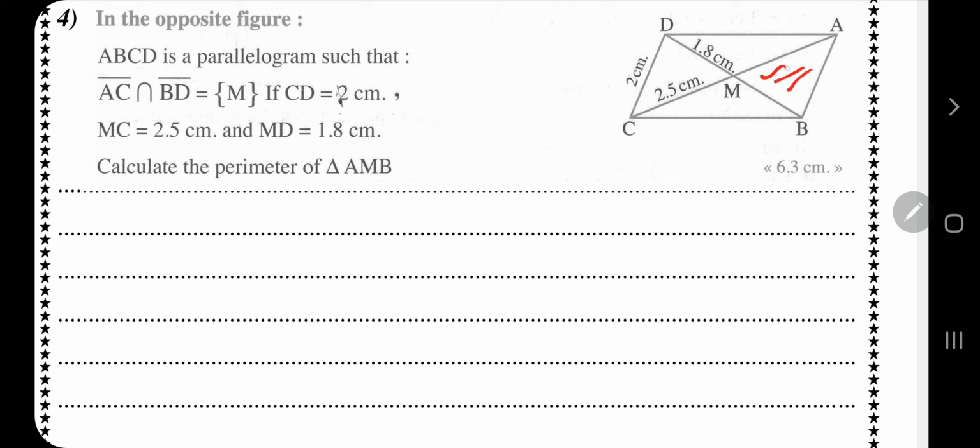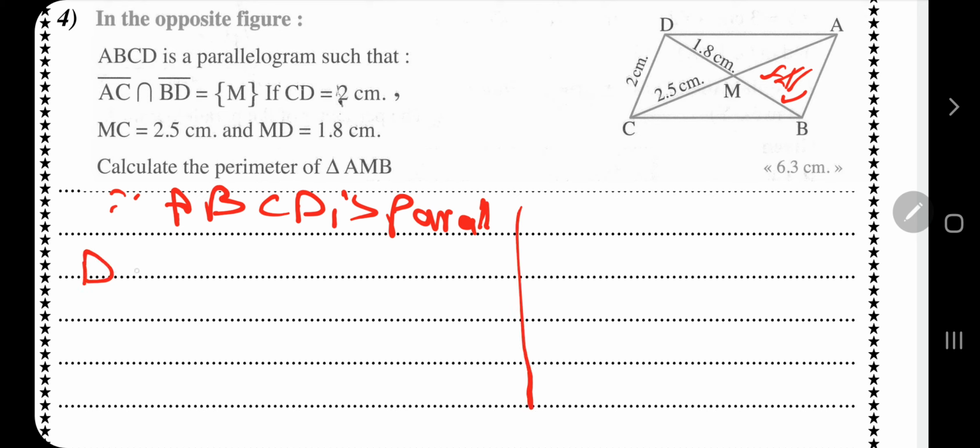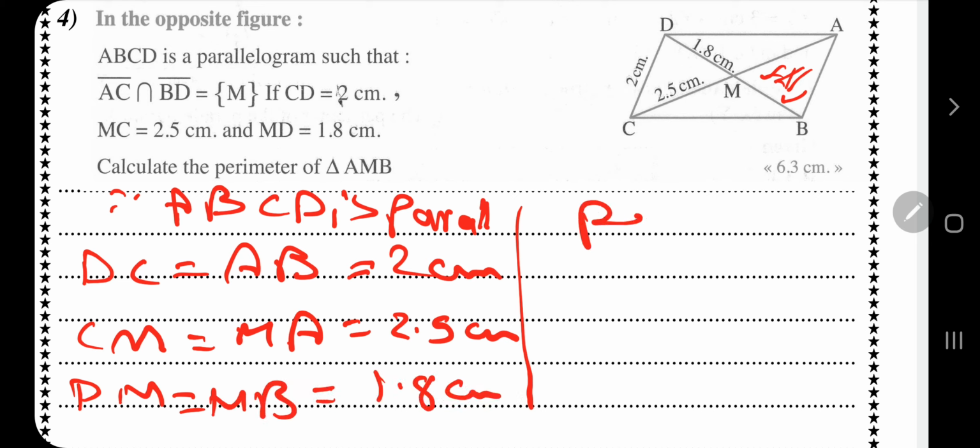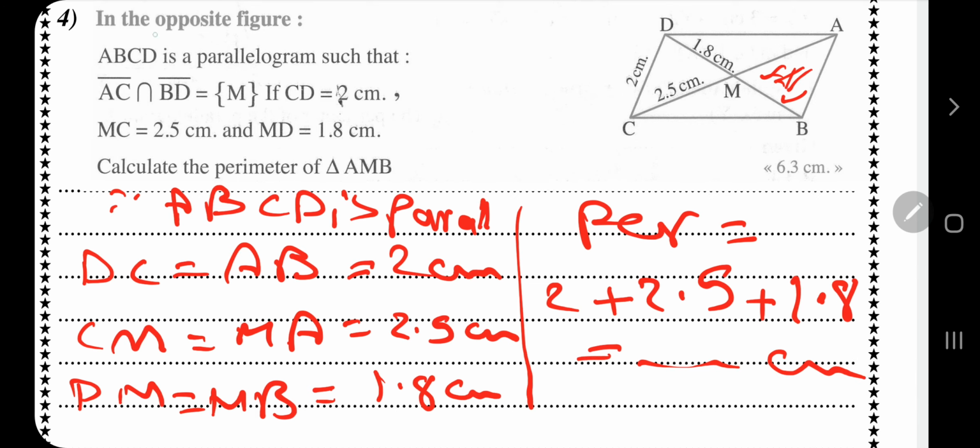As you know, since ABCD is a parallelogram, that means DC equals AB equals 2 centimeters. CM equals MA equals 2.5 centimeters. DM equals MB equals 1.8 centimeters. So I will write the perimeter equals 2 plus 2.5 plus 1.8 equals centimeters.